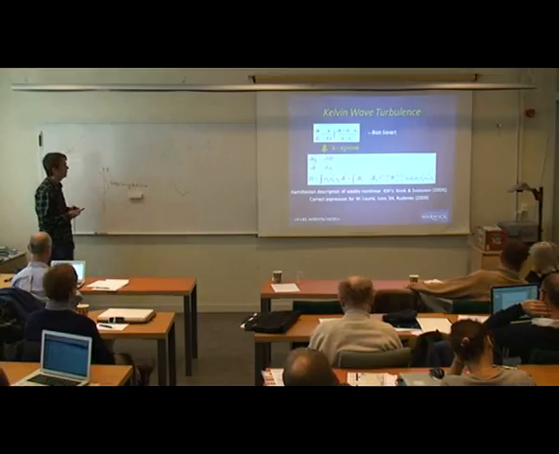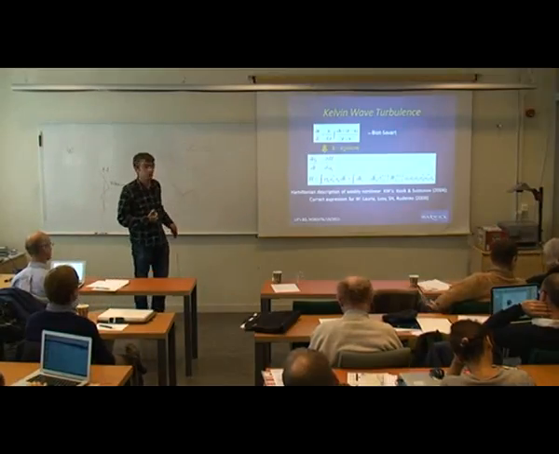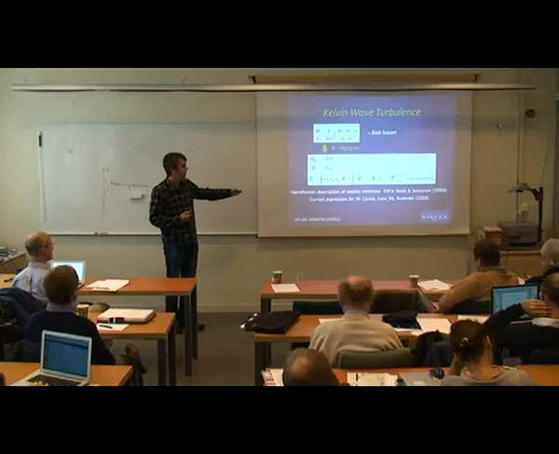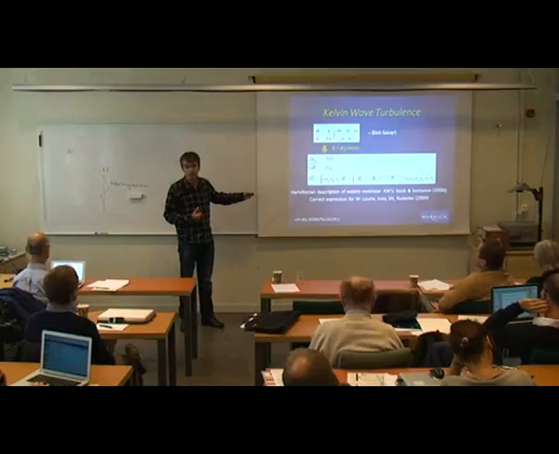A complex variable depending on one physical space dimension and time. The Fourier transform of that is a_k, and this is a Hamiltonian system.